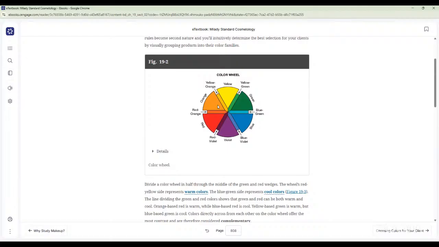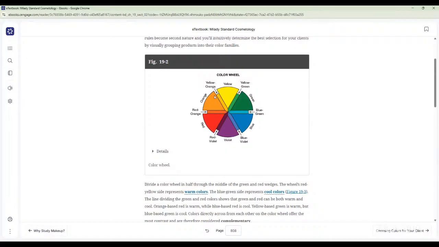From there, you have another set of colors, and those colors are what I call tricolors or tertiary colors, meaning three colors put together. Now you mix a secondary with a primary, and what comes in the middle is going to be your tricolor.